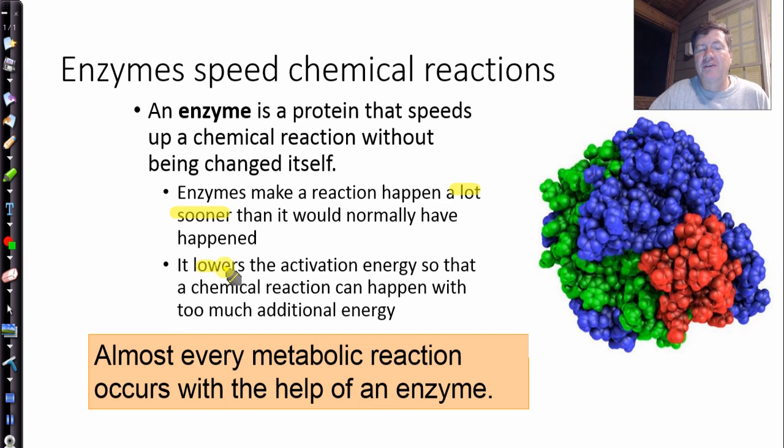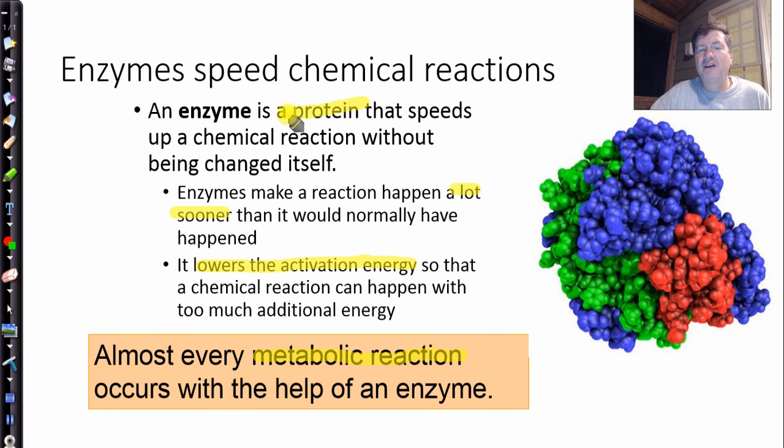So that concept again of lowering the activation energy is primarily what enzymes do. They make it easier for molecules to break, or easier for molecules to bond together, which then makes the reactions happen at a rate fast enough for us to work. And as you see here, nearly every metabolic reaction requires an enzyme.